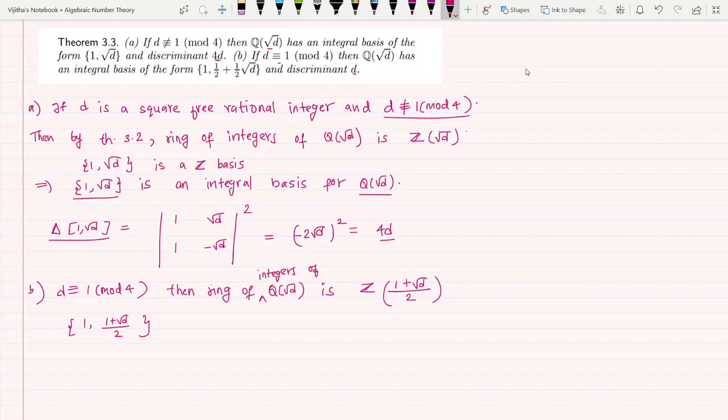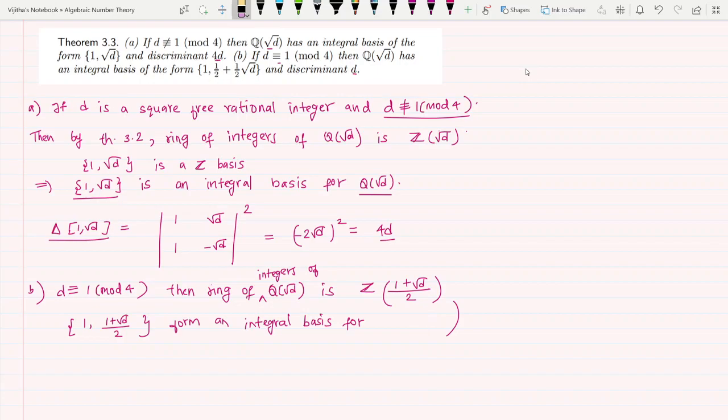So this will form an integral basis for Q of root D.